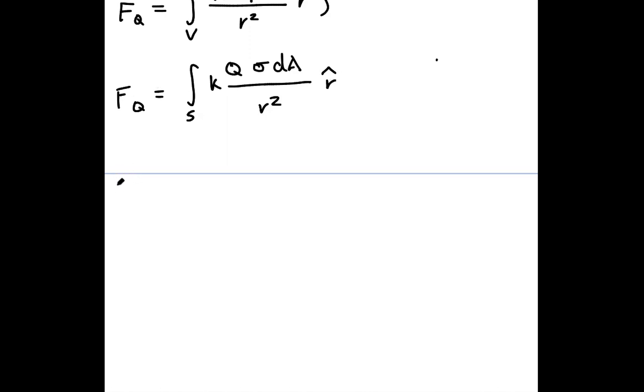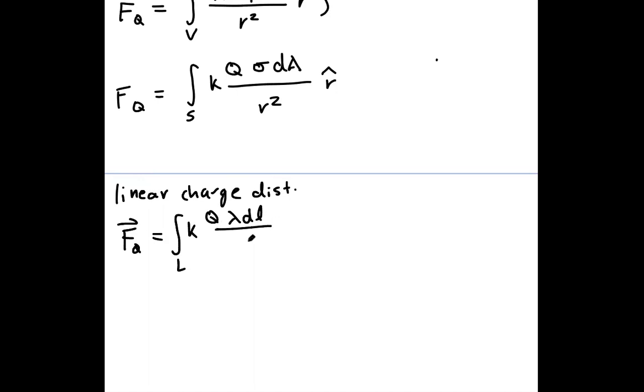Now, what about a linear charge distribution? Well, for linear charge distributions, F sub Q is equal to, same thing, k times Q times lambda dl over r squared times r hat.